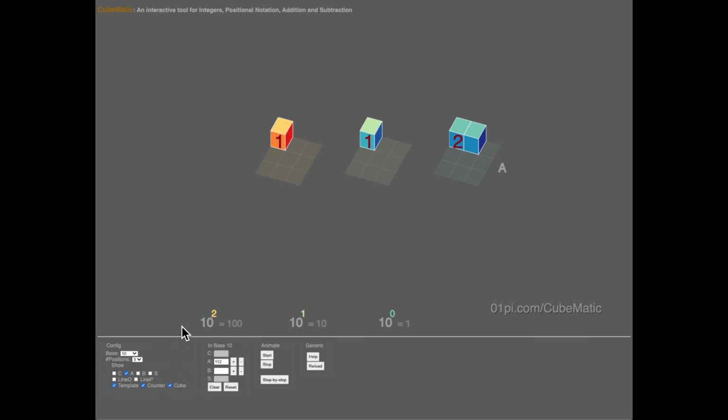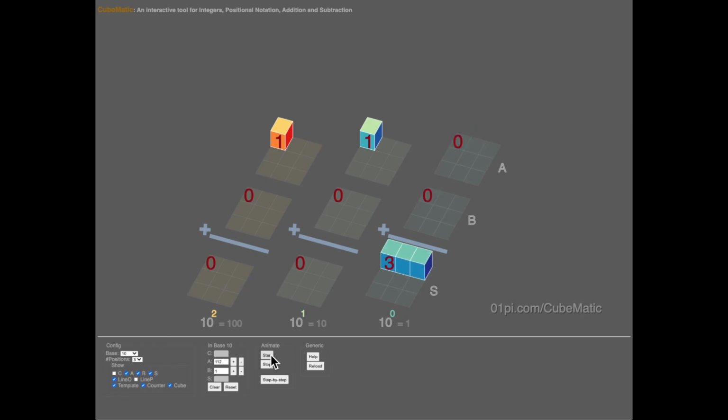So okay, now remember, I promised you a faster addition. So get B and S back, get the addition line to make it proper. So let's say I have 112, and I want to add, let's say, 1 to it. Okay, so let's start the animation and count the number of moves. 1, 2, 3, 4, 5.